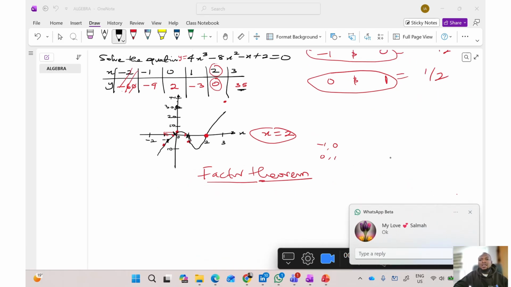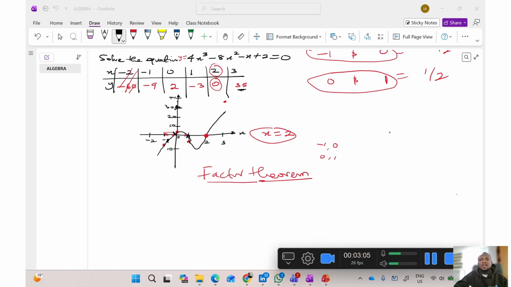So I said earlier that x equals 2 is a solution. Let me substitute x equals 2 into this to confirm the factor theorem. The equation is 4x cubed minus 8x squared minus x plus 2 is equal to 0.